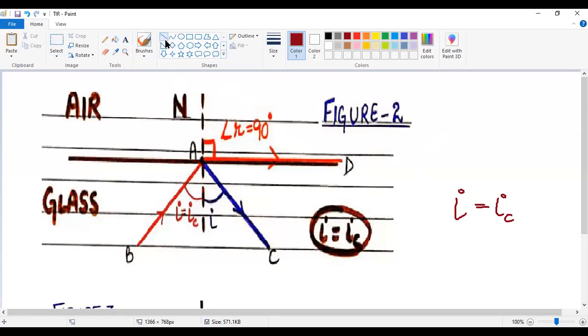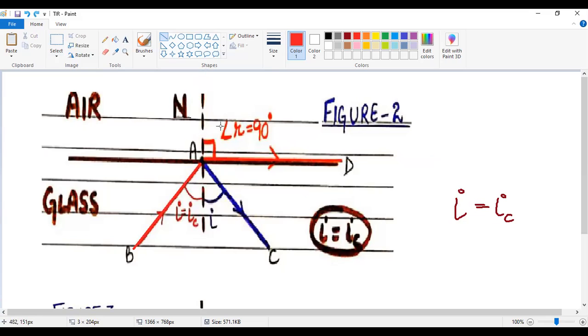So when the ray BA is incident from glass to air, and if angle of incidence is equal to critical angle of the glass, then refracted ray occurs at the boundary or the interface of glass and air surface, such that angle of refraction in this case is 90 degree, because the angle of refracted ray and the normal is 90 degree.